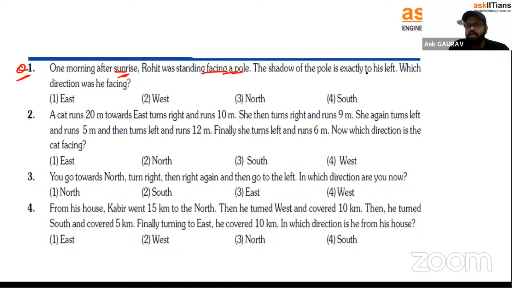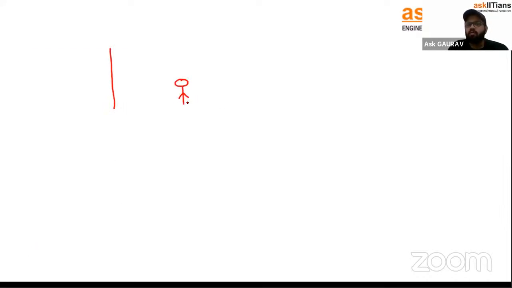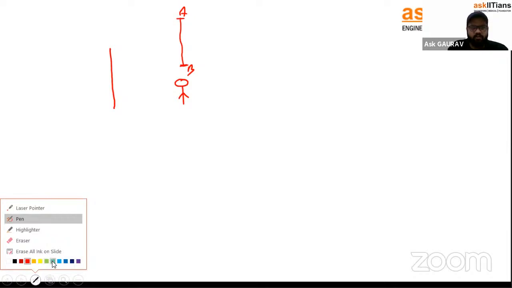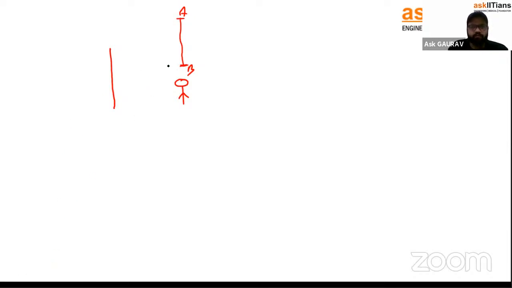The shadow of the pole is exactly to his left. It means pole is like this. If the pole is this AB, then where will this shadow be? Shadow of this pole will be like here. This will be the shadow of the pole.